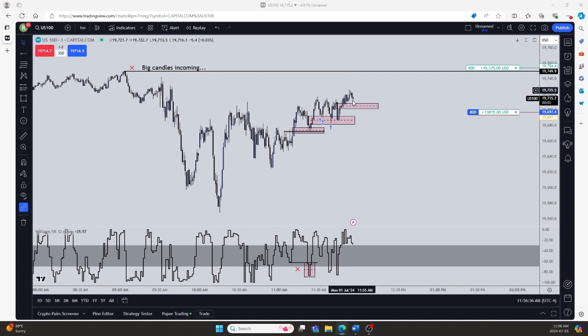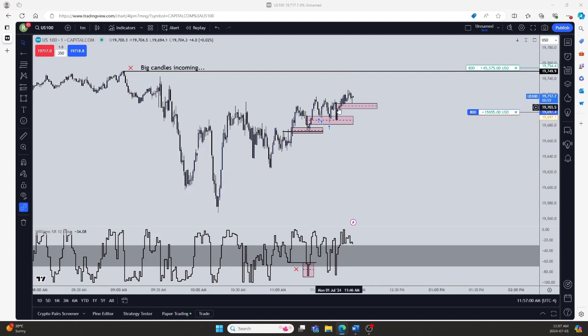Like if price comes back down like in another candle and begins to spend time in here, I'm no longer interested in the long.